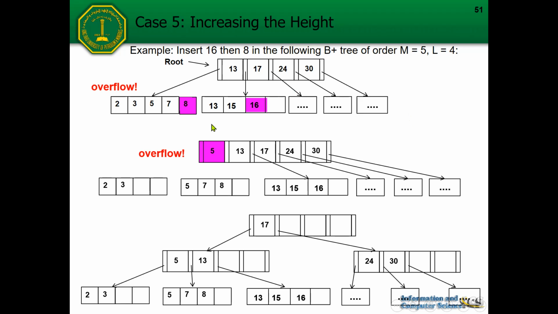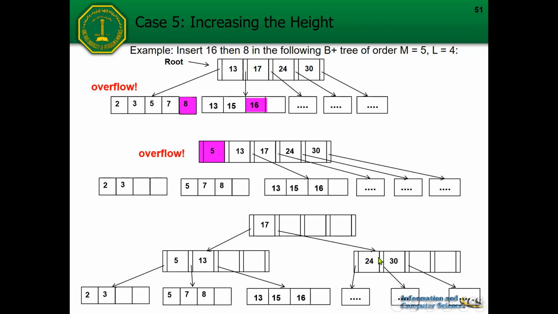Because this part of the B plus tree is actually just B3, we can use the B3 procedure to deal with this overflow. We just take the middle key 17 and promote 17 to become the root, and after that we point to the left internal node by using the left reference of the 17, and to this right internal node by using the right reference of the root.